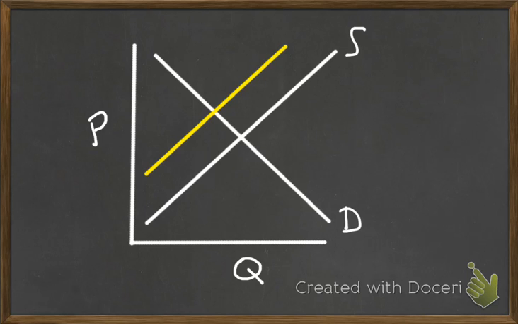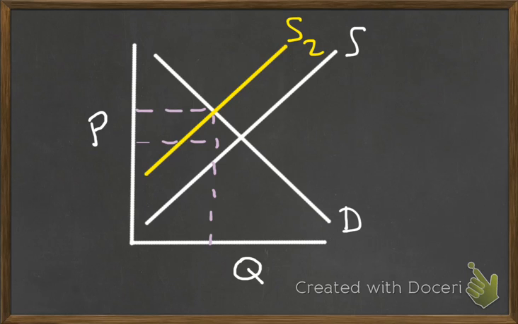And so as I indicate my new supply curve, S2, you can see the new equilibrium point crosses at a new spot along the curve.